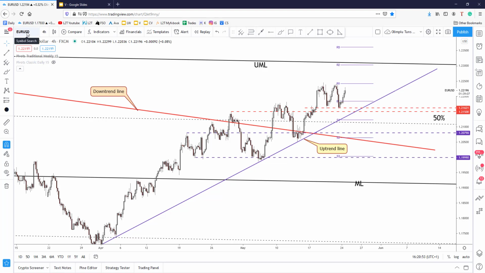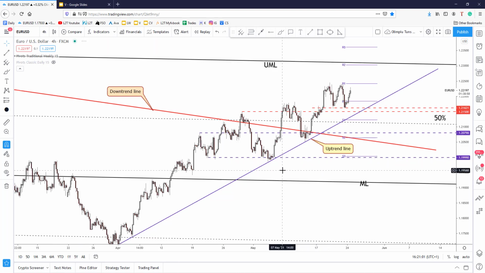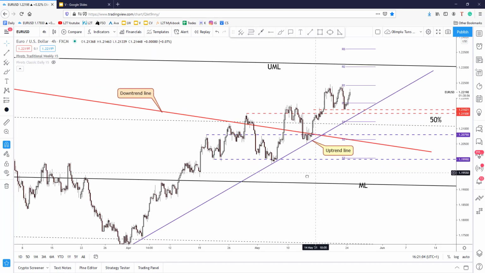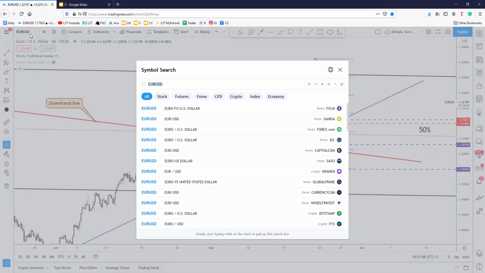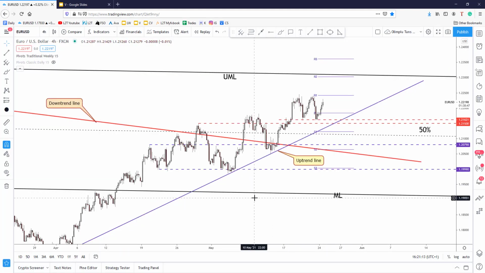The dollar is bearish, so even if the dollar increases a little in the short term, the bias is still bearish, and I've told you that the US currency could continue to depreciate versus its rivals, versus the euro, the pound, the yen, the Swiss franc, maybe the Canadian dollar, also versus the Aussie and the Kiwi.